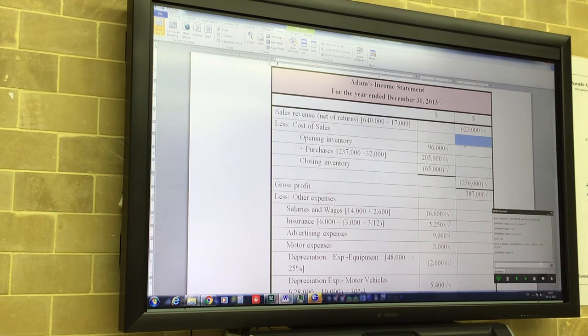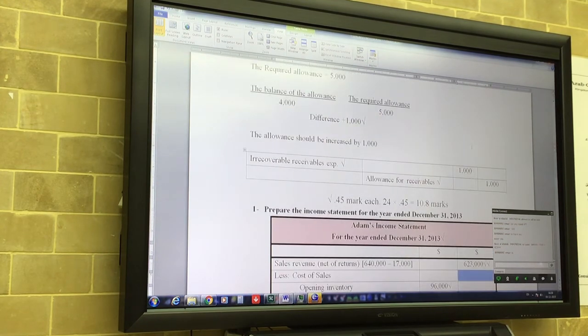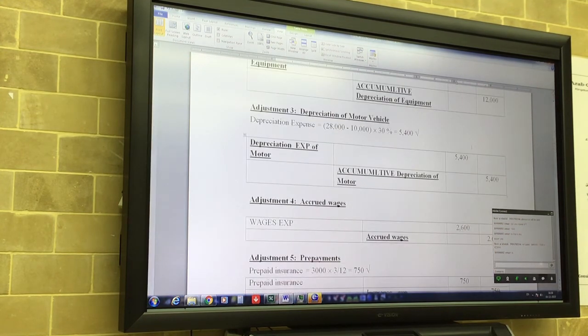And you will also find the amount for cost of goods sold. How can you find the cost of goods sold?